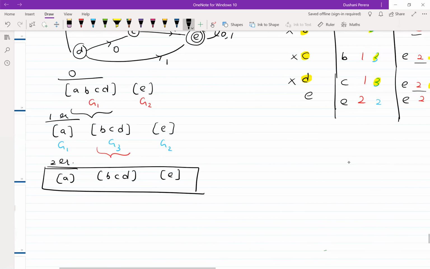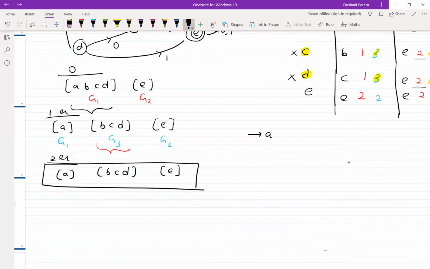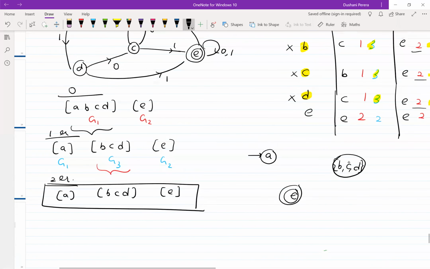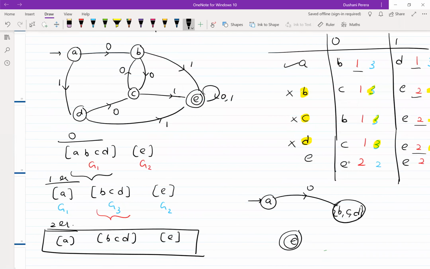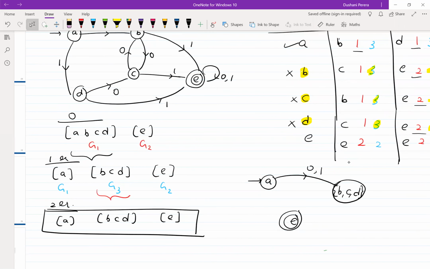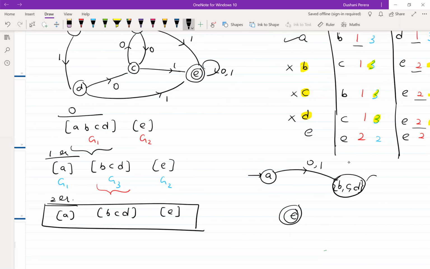So let's draw the minimized DFA using these states. You have A, you have B, C, D, that is one state, and you have E. Now let's see how this goes. A goes to B and D upon seeing 0 and 1 both. Then B, C, D, they stay at the same place upon seeing 0, but they come to E upon seeing a 1.